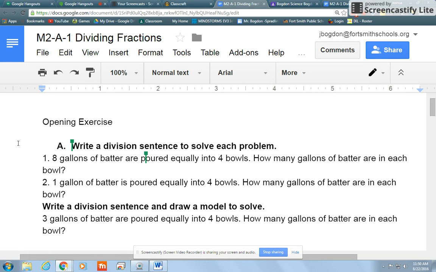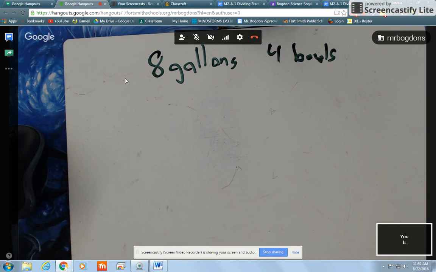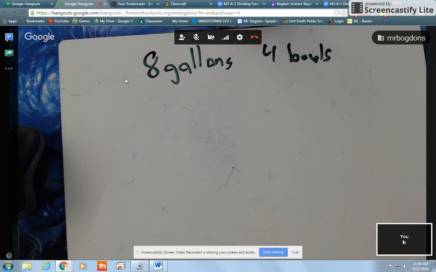So what are some important numbers that I need to write down? What am I sharing? 8 gallons. So I can write down 8 gallons and 4 bowls. Is everyone writing down 8 gallons, 4 bowls? How much is in each bowl?